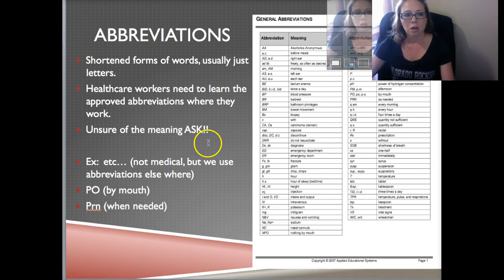Moving on, abbreviations. It's another way we communicate in the healthcare field. Abbreviations are shortened forms of words, usually just letters. The healthcare workers, we need to learn these also and memorize them. Again, flashcards are super handy, especially if you're going on in your healthcare education.